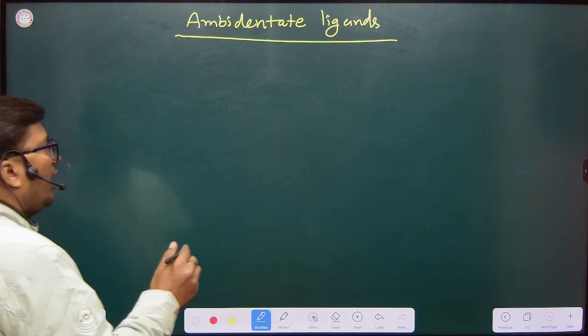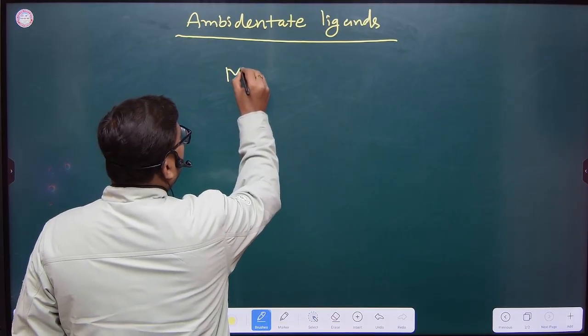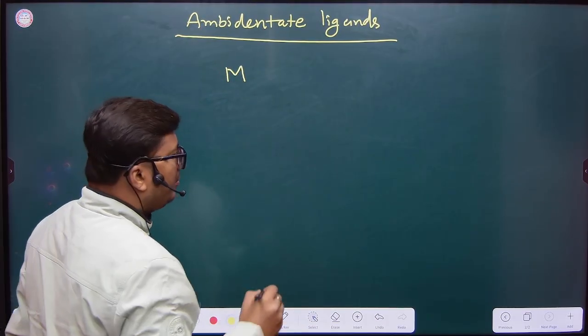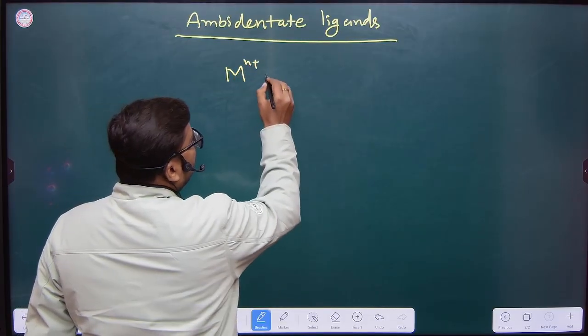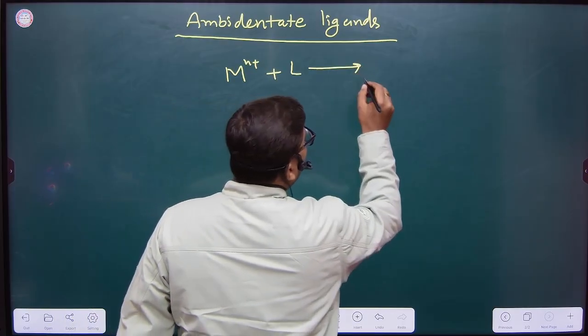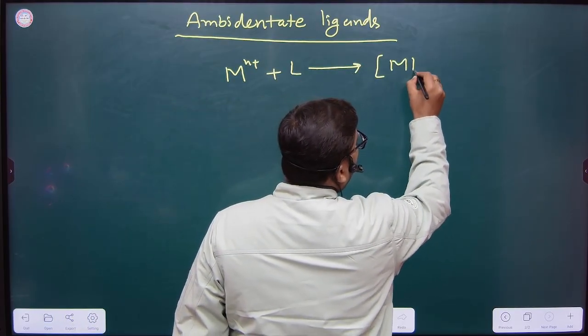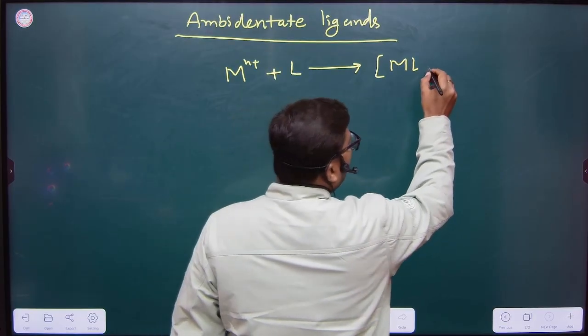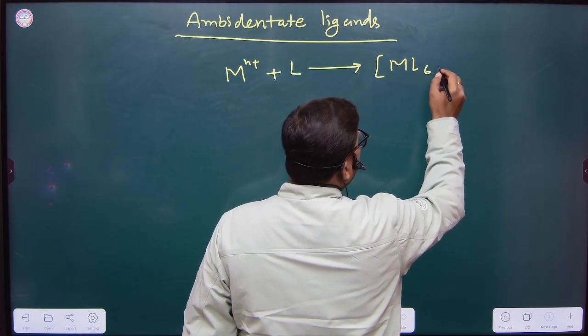Once M, that is metal, in a particular oxidation state, N plus, reacts with a ligand, it forms a particular coordination sphere, that is ML6, in an octahedral atmosphere.